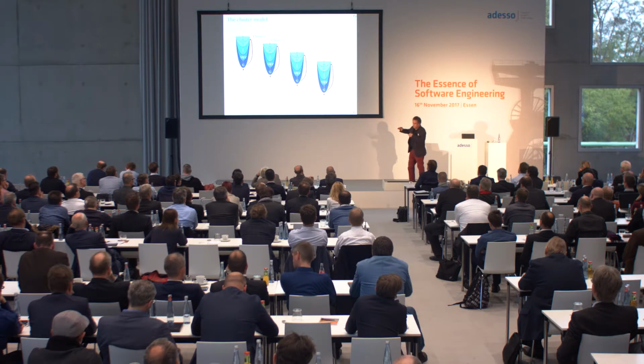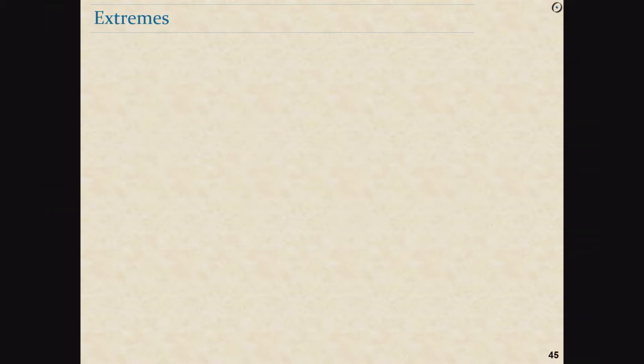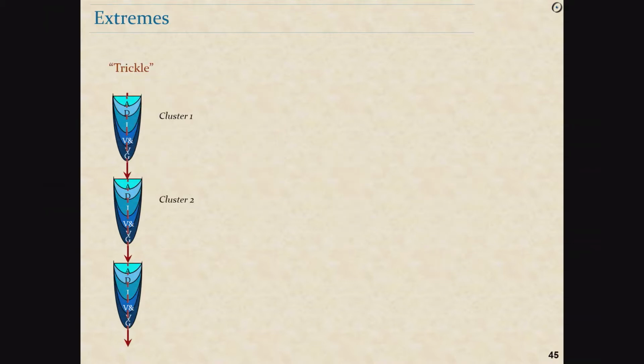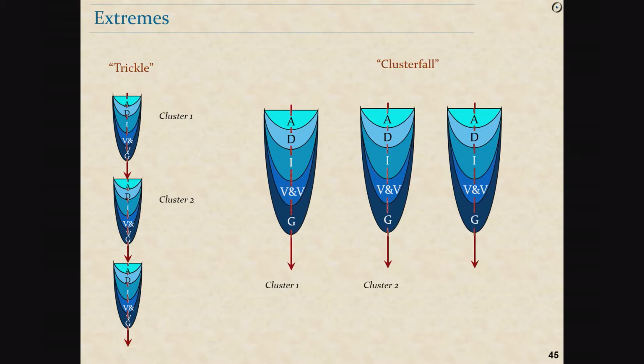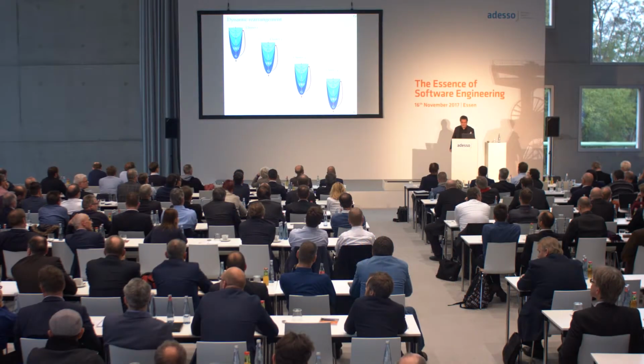The idea of building a system, keeping a certain sequential element, keeping a certain waterfall element, but splitting the system so that we have a mix of sequential and concurrent engineering, with extremes where you do one thing at a time, maybe for a small team, and the other extreme, which is very much like the waterfall, and the flexibility to reorganize things on the spot in real time, because we all know that projects hit problems, and sometimes it's the other way around. Sometimes some things go faster than expected.